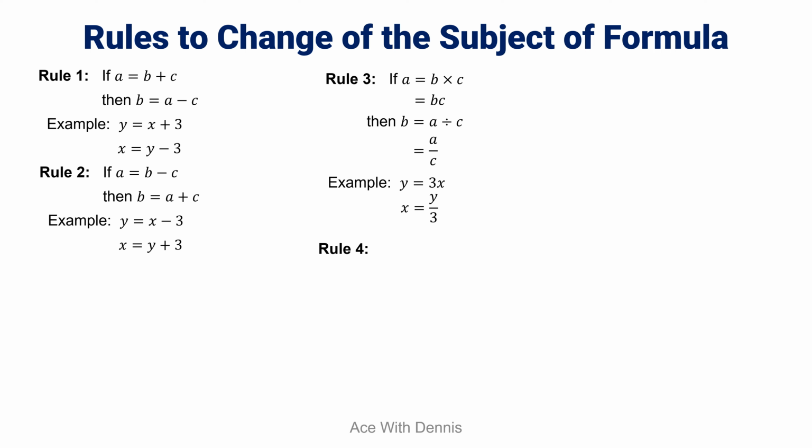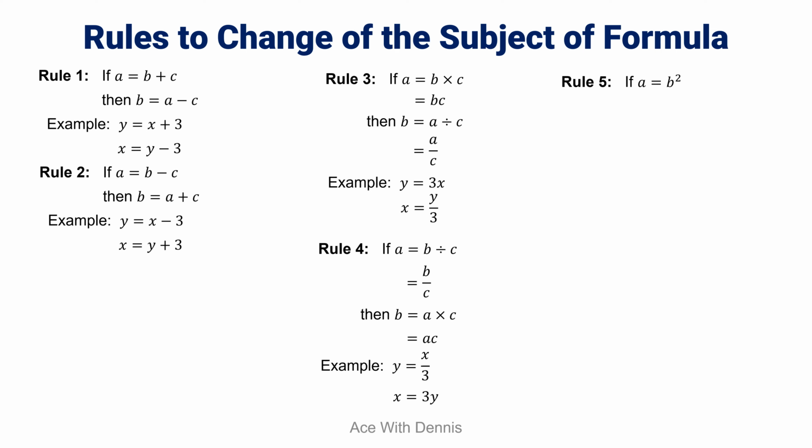Rule number 4: if A equals B divided by C, or in fraction form B over C, then B equals A times C, or we can just write it as AC. Here's an example. Y equals x over 3, then x equals 3y.